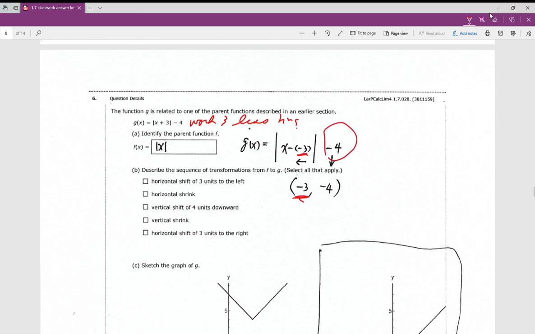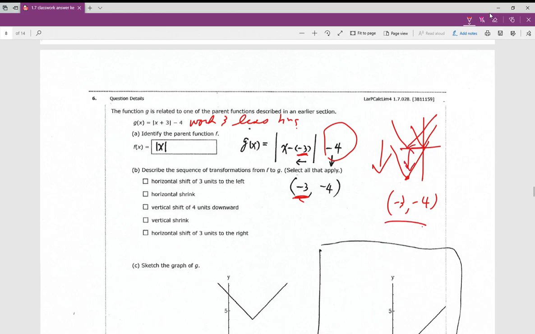And then after that, the whole graph will push down, not up. Push down 4 steps. So first, from the original parent function, you shift to the left-hand side and push down 4 steps. So this new vertex will be -3, -4.